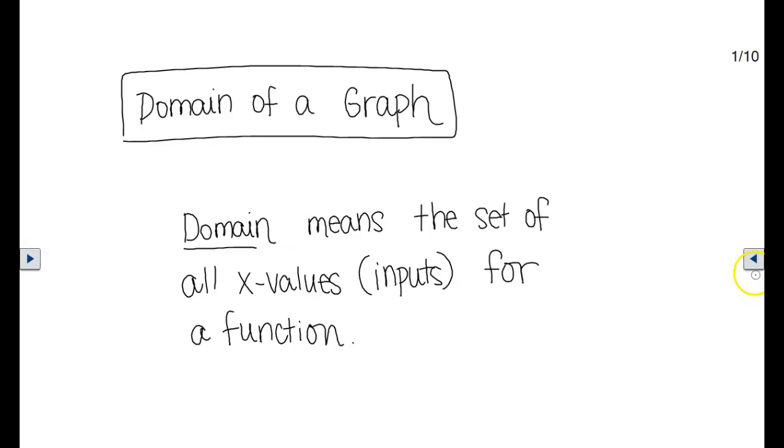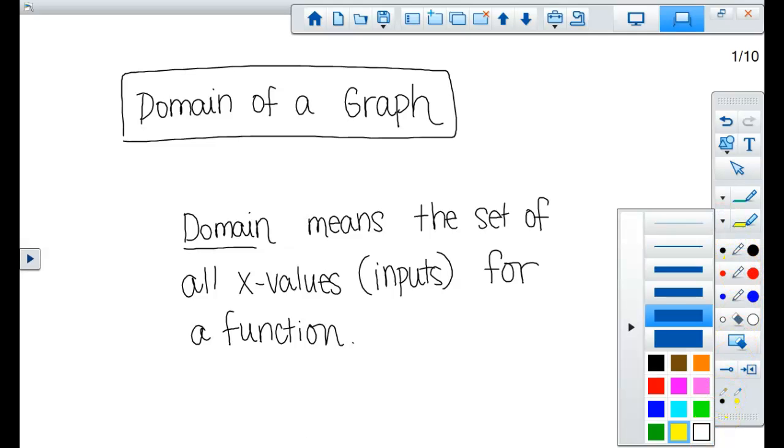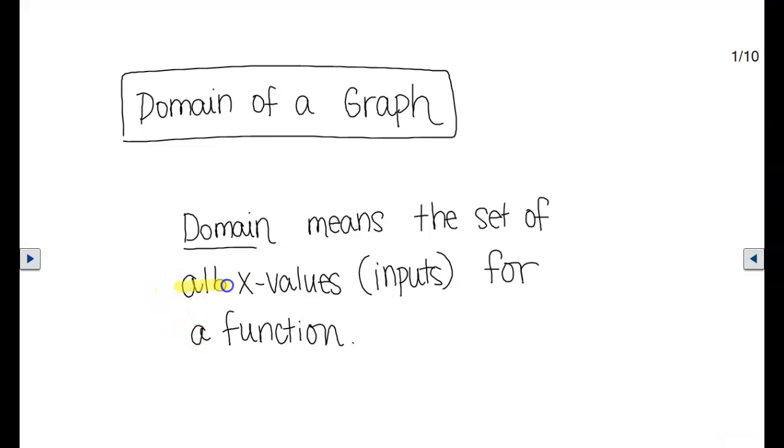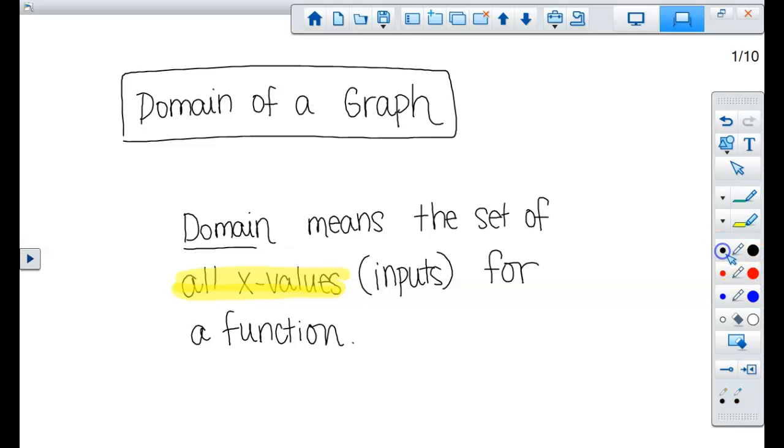Now, what's really important for you to keep in mind today is that you need to be looking for all of the x values, all of the possible x values for each of these graphs. Okay, so x is going to be your main focus for today.